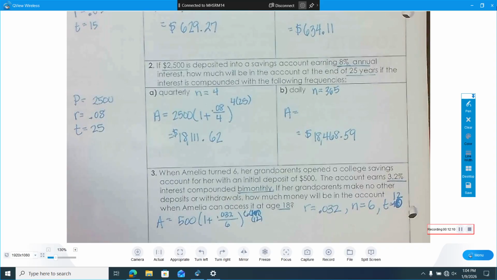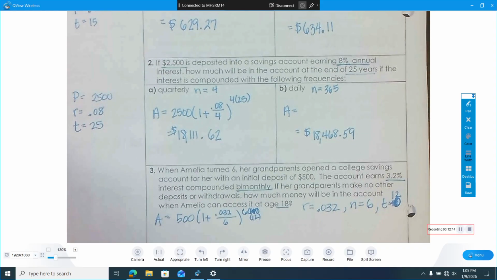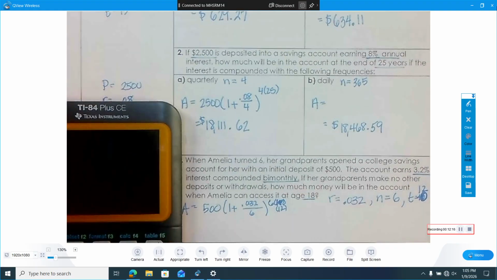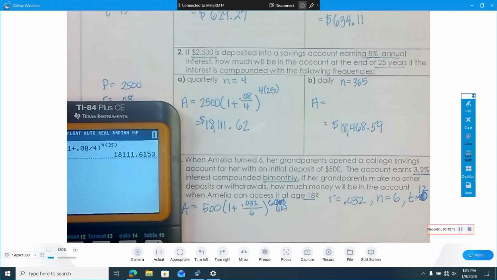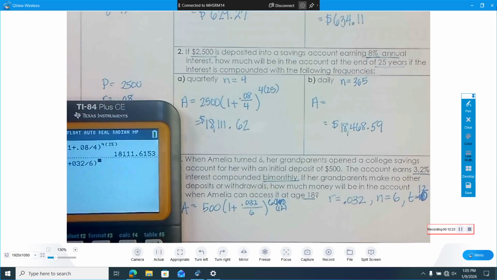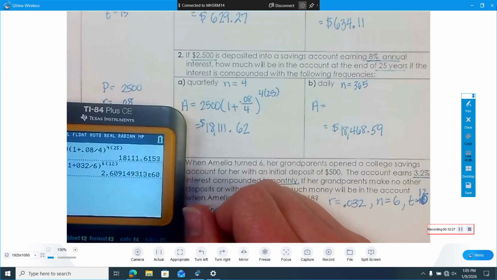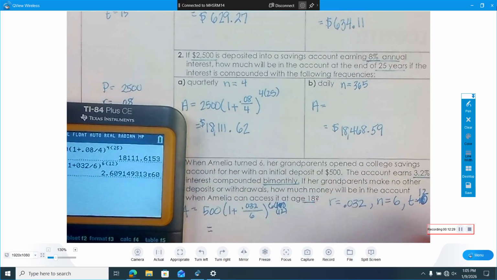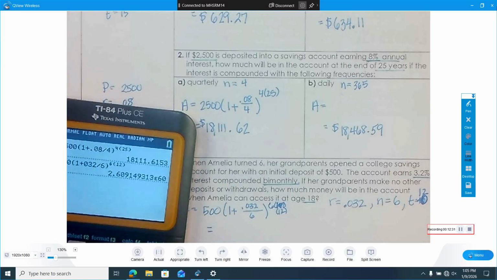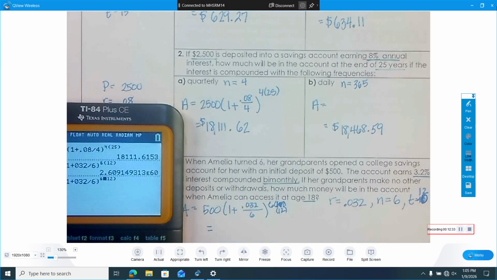All right. Theoretically. All right. 500 times 1 plus 0.032 over 6 to the 6 times 12. I'm getting... What did I do wrong here? Oh, I forgot the decimal point. That makes a really bad answer.